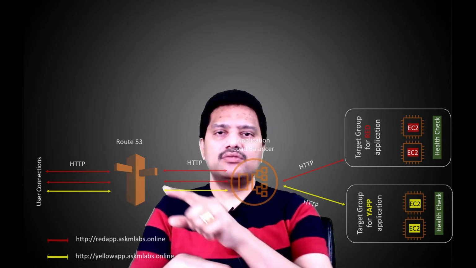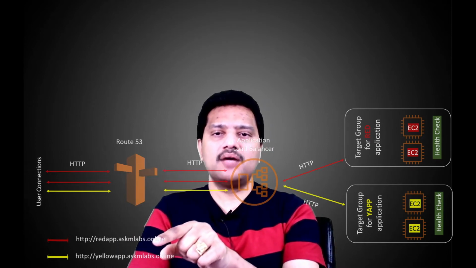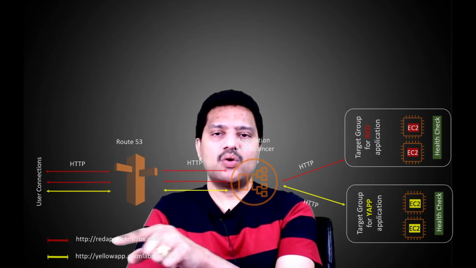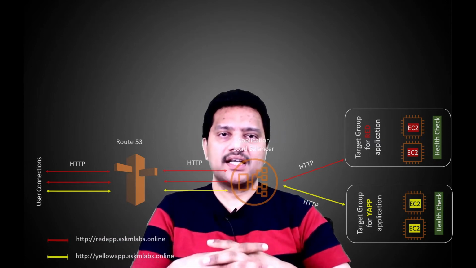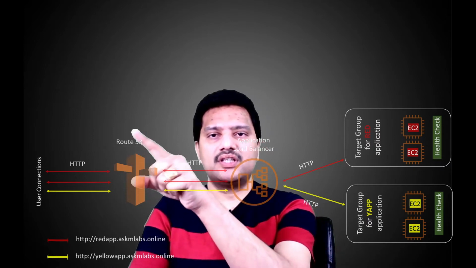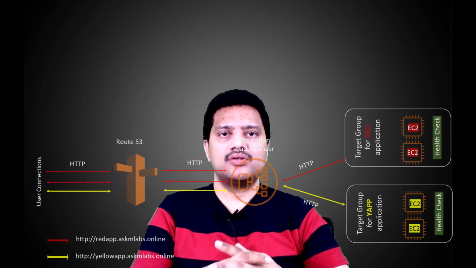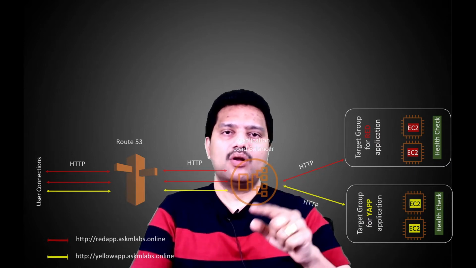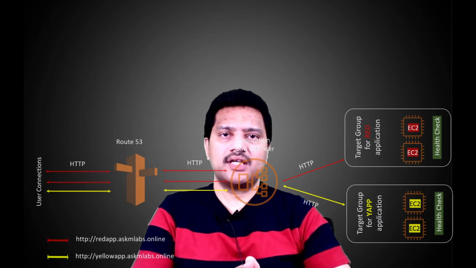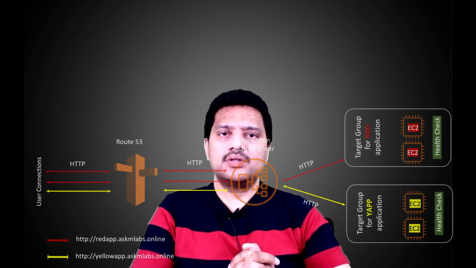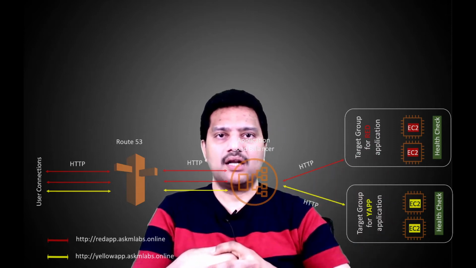I have a custom domain and I am going to use a custom host, red app. To make that custom host I am using Route 53 here, but the actual functionality that we are discussing in this video is the application load balancer, how we can define rules in the application load balancer to route the client requests appropriately between red app and yellow app.